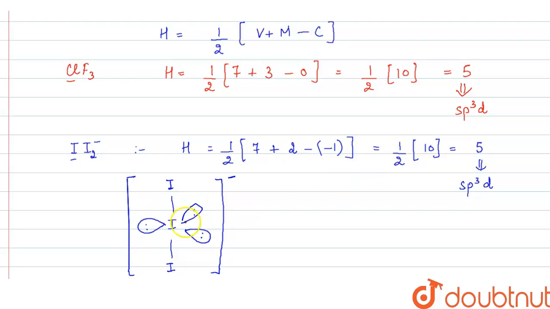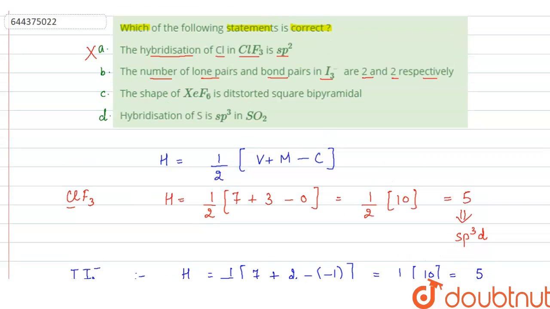As you can see here, we have two bonds, which means we have two bond pairs, and there are 3 lone pairs. So this is trigonal bipyramidal geometry in which we have 2 bond pairs and 3 lone pairs. So the second statement is also wrong.